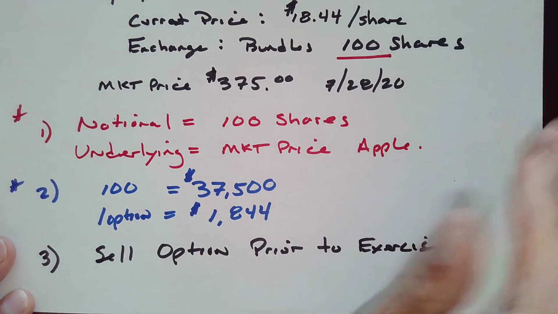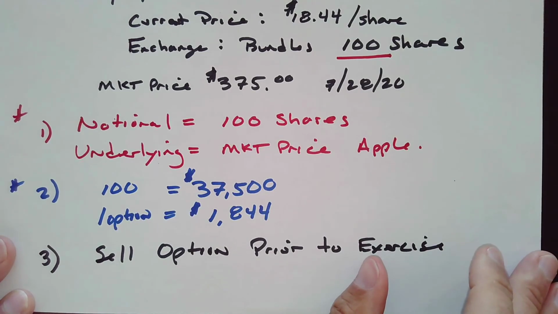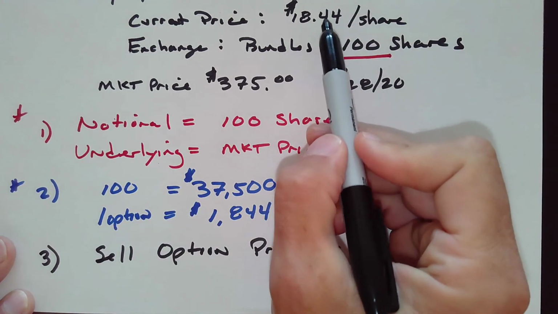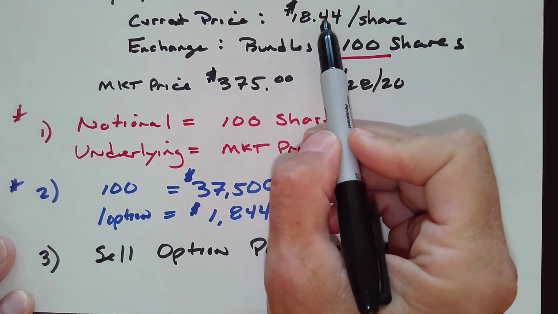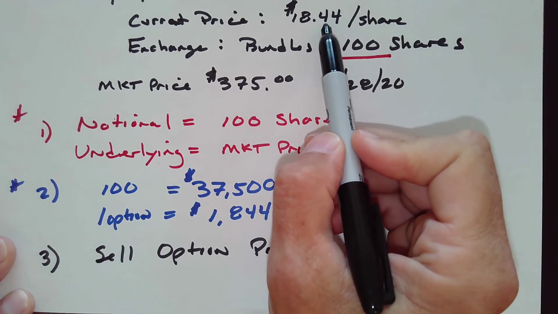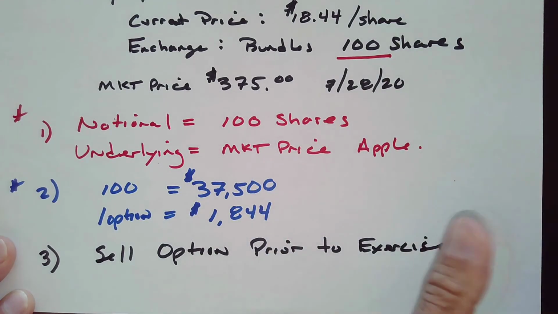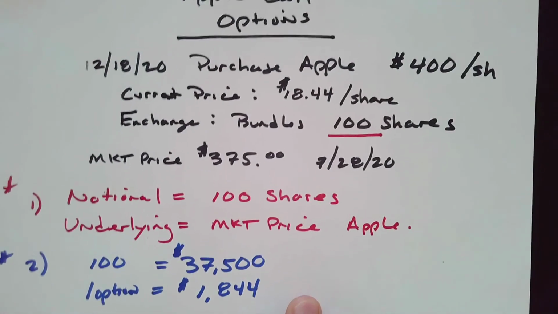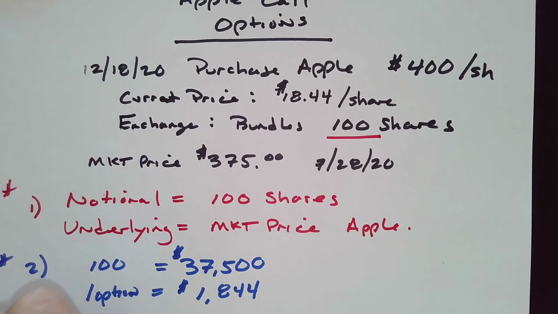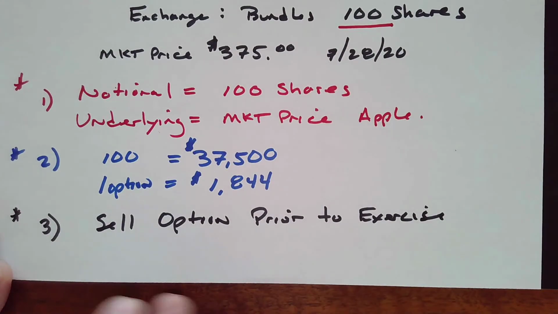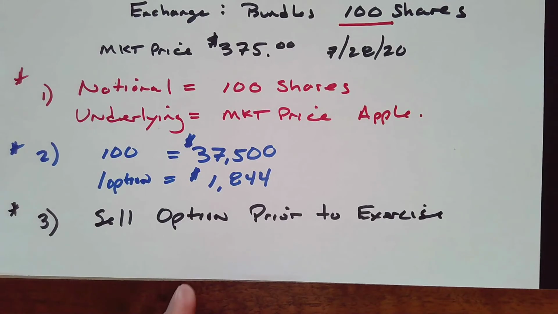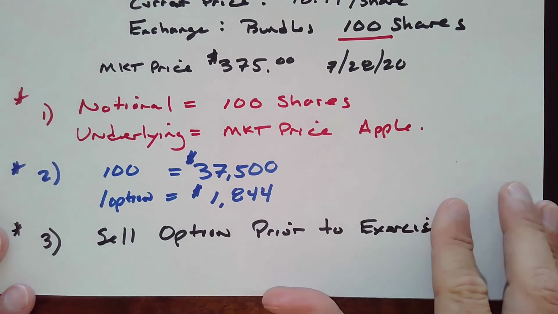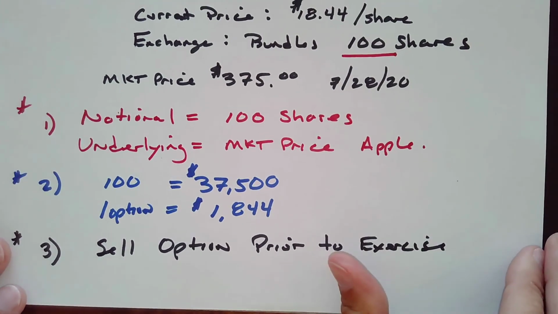I don't actually have to buy Apple at $400 a share. I can just take whatever the profit is between the price that I pay for it at $18.44 versus whatever the option price is. So for this particular Apple call option, I do have the ability to sell the option or to settle net in cash and not actually take physical possession of the asset.